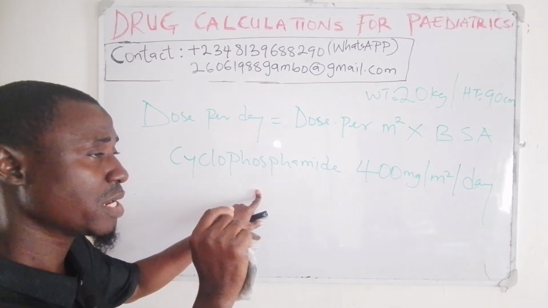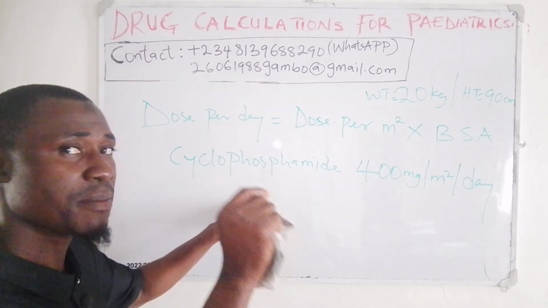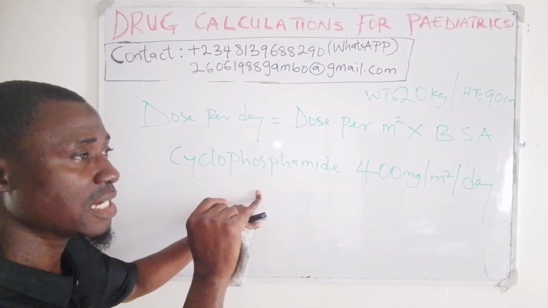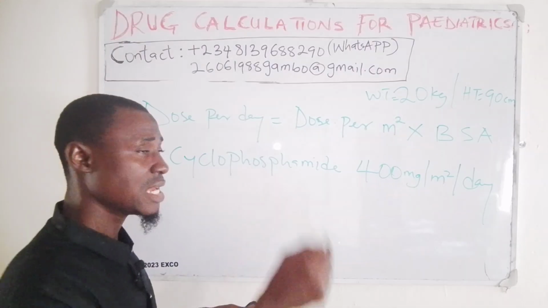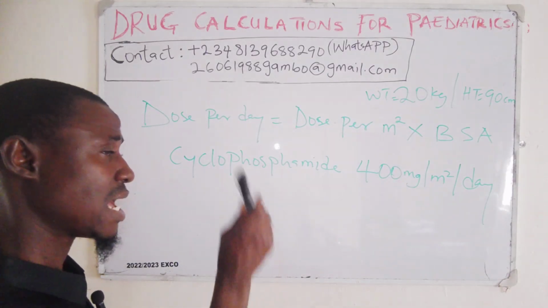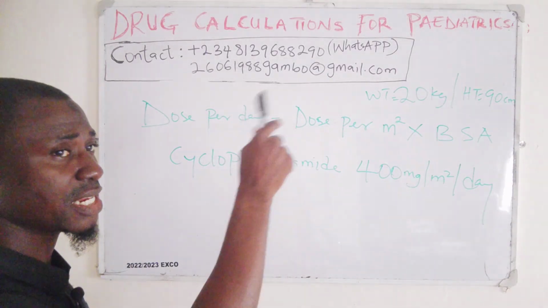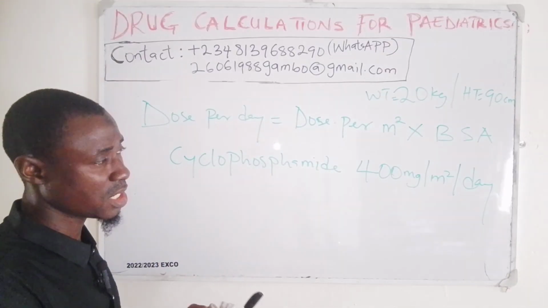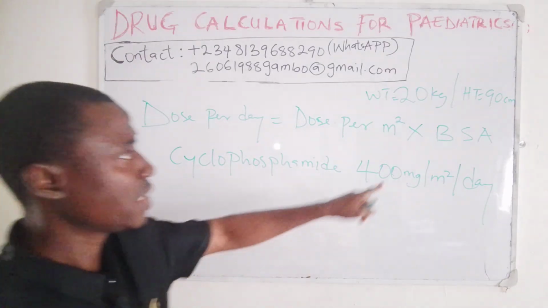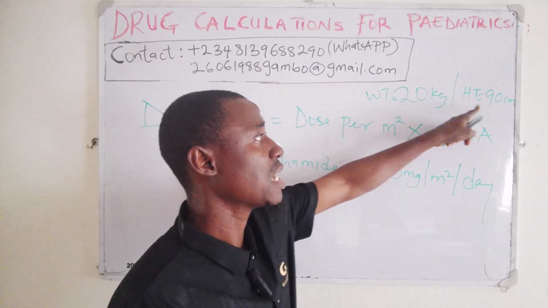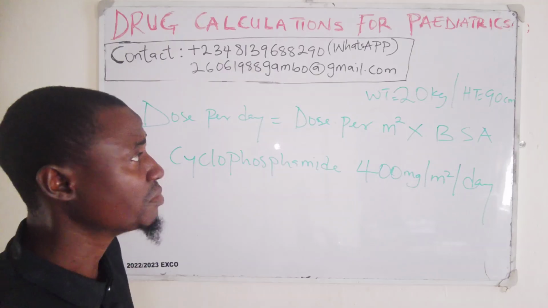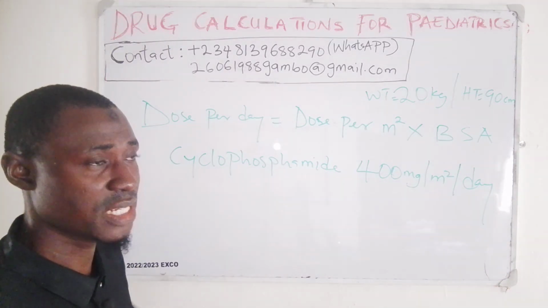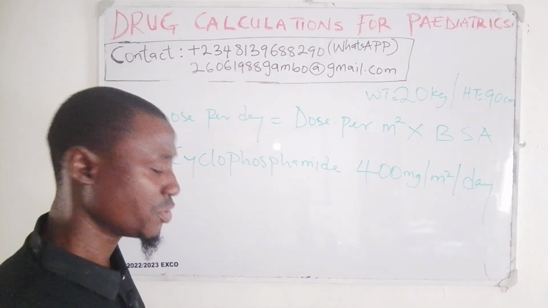One uses the weight in kilograms and the height in centimeters, multiplied and square-rooted over 3,600, and the other one is over 31, where the height is in inches and the weight is in pounds. Since the weight is given in kilograms and the height in centimeters, the most appropriate is the first Mosteller equation.